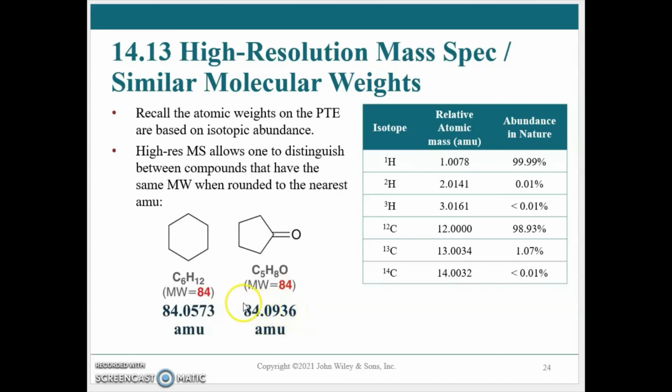And this is based on the mass of the isotopes and their relative abundance. So with high-resolution mass spec, we can distinguish these two molecules, and we could not do that with standard or what now you might call low-resolution mass spec, but had been the norm until high-res mass spec was developed.